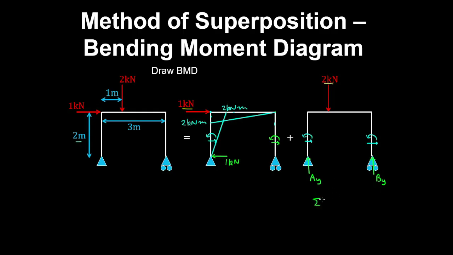So if we take an equilibrium of moments about the roller, with anti-clockwise being positive by convention, we have minus AY by the moment arm of 3 meters and plus 2 kilonewtons by the moment arm of 2 meters. And that's equal to 0. So therefore AY is 1.33 kilonewtons.